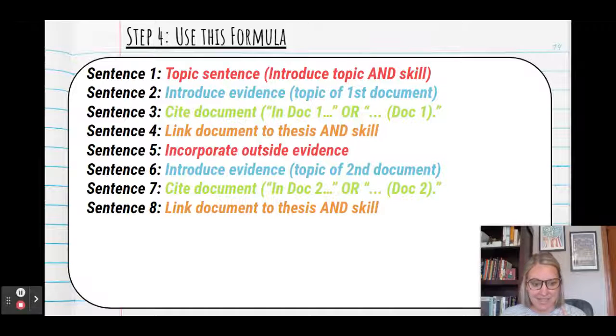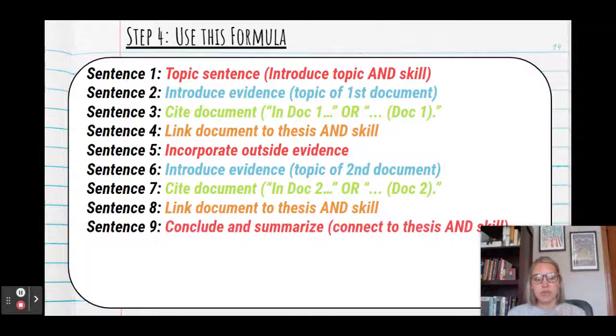But sentence 9 is key. Conclude and summarize. Connect back to the thesis and the skill. Reinforce the changes that are happening with demographics. So take a minute, pause the video, and do that for yourself. Practice these 9 sentences using documents 2 and 4, or a completely different body paragraph if you feel more comfortable with that.